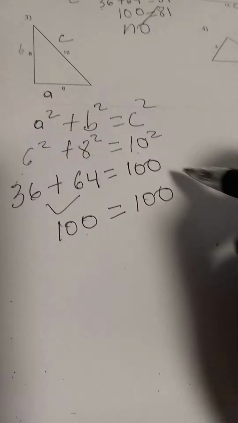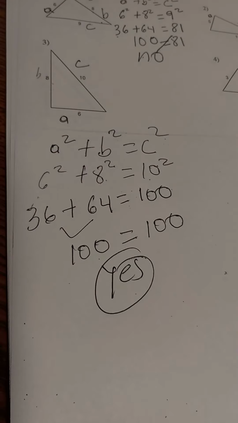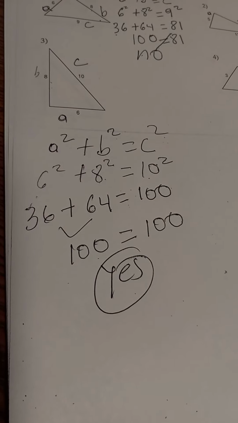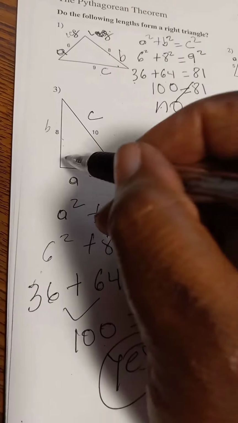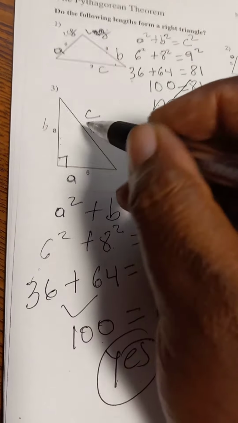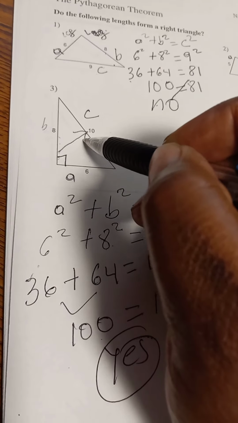And 100. So yes, this is a right triangle. So for this one, I'm going to put the triangle right there. And your hypotenuse is right across from the right angle.